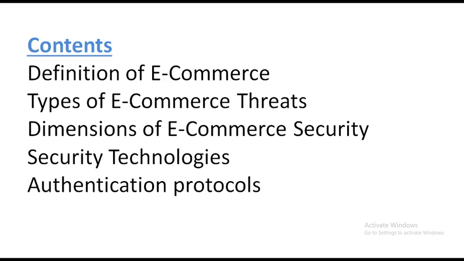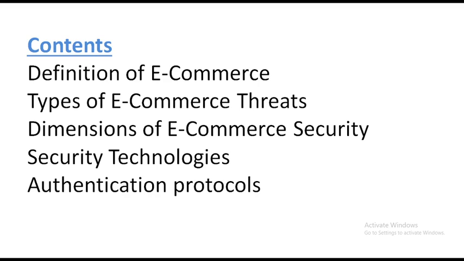E-commerce security is based on information technology and computer networks. Without the facilities of computer technology and the internet, we are not able to transact the amount. We are not able to use the facility of e-commerce.